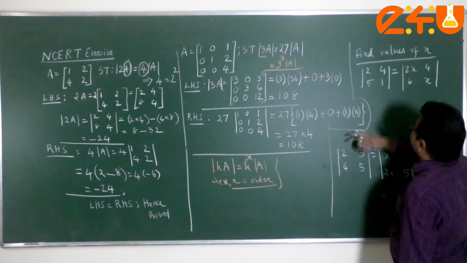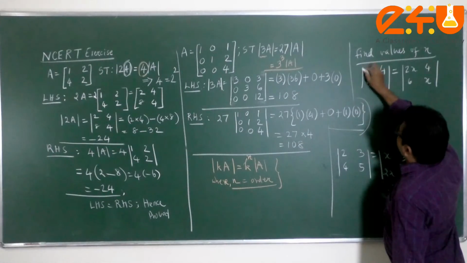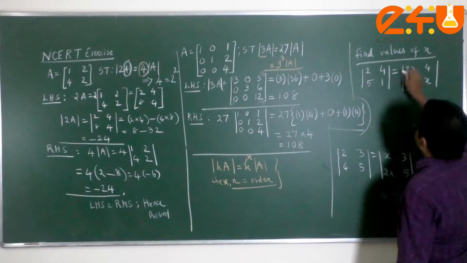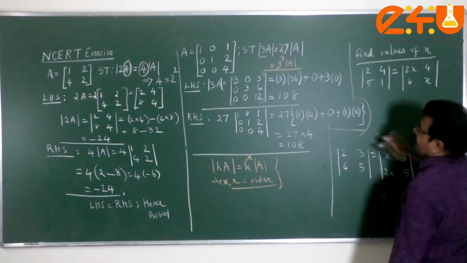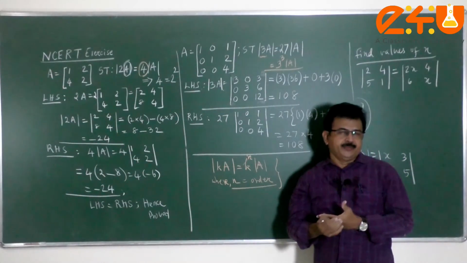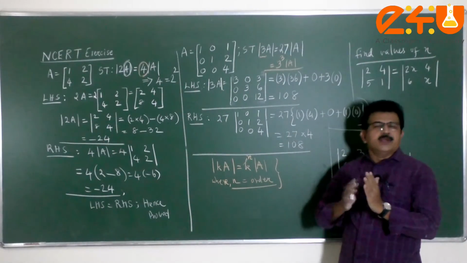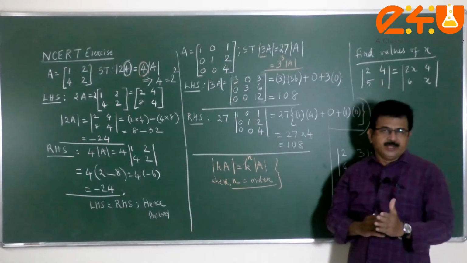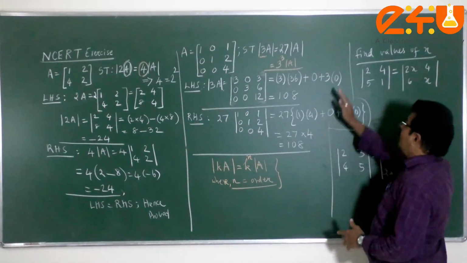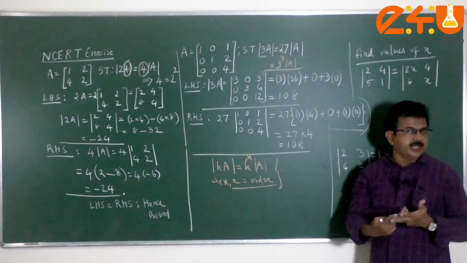If this was a matrix, with a square bracket here also, then it is a question of comparing matrices. And by the principle of equality of matrices, if two matrices are equal, then they are equal in all respects. Their orders are equal, corresponding elements are equal.